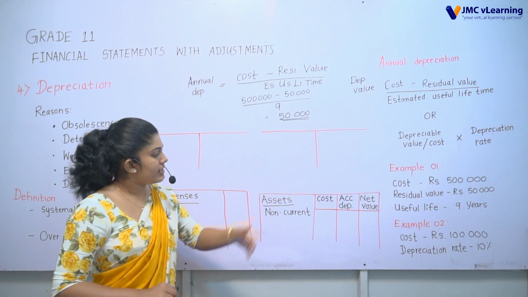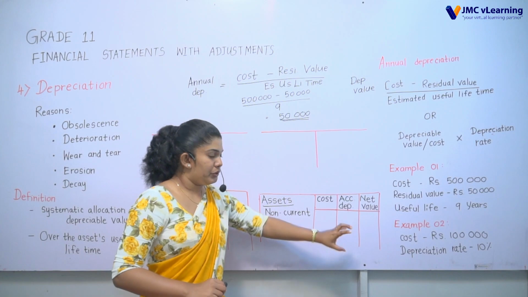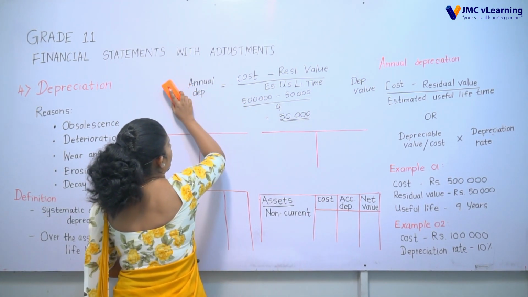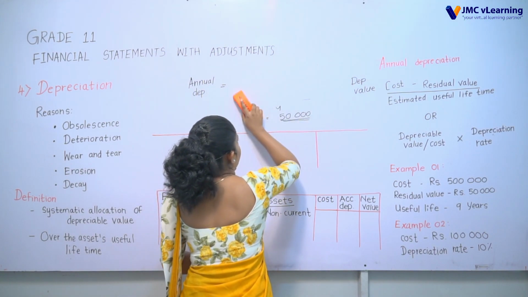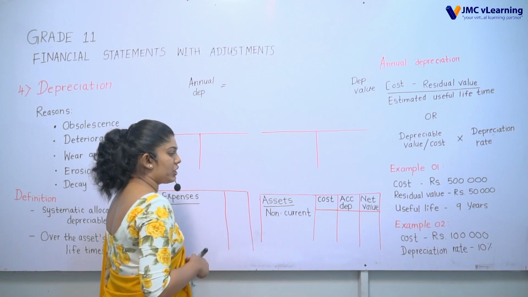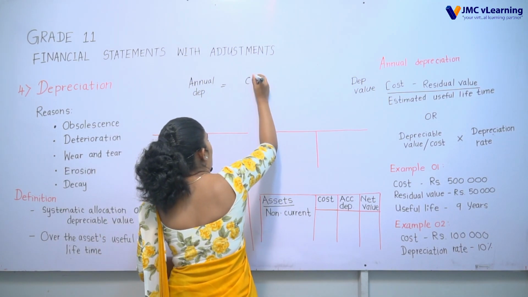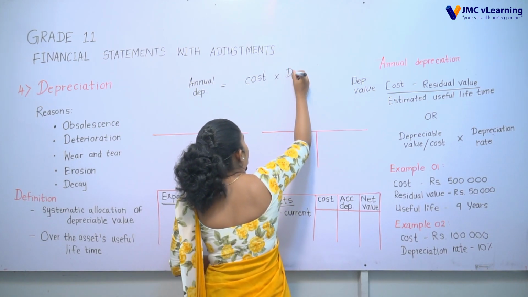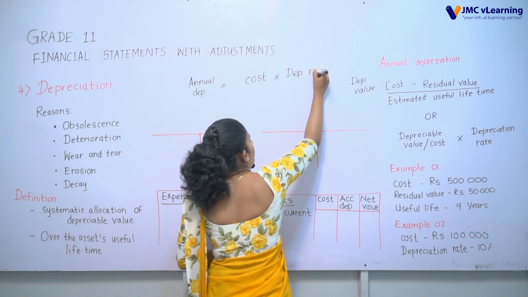Then there is another example to use the depreciation rate. We will see that also. Annual depreciation we can calculate. You have been given cost and depreciation rate. So you can use cost into depreciation rate.